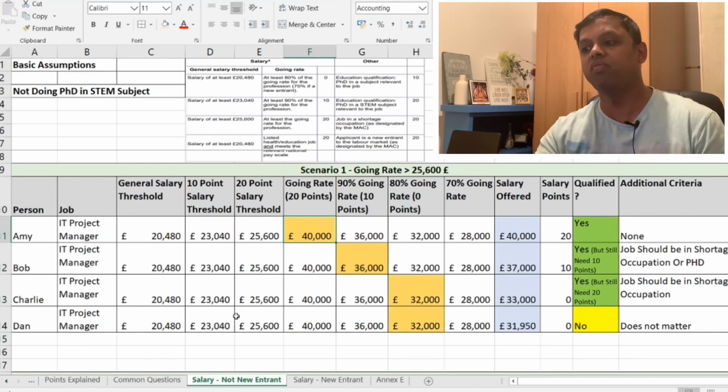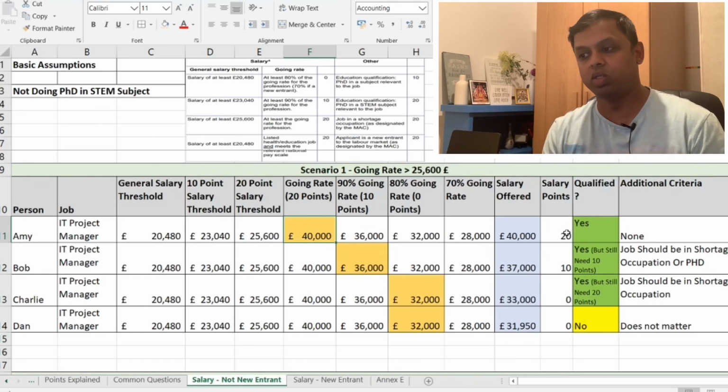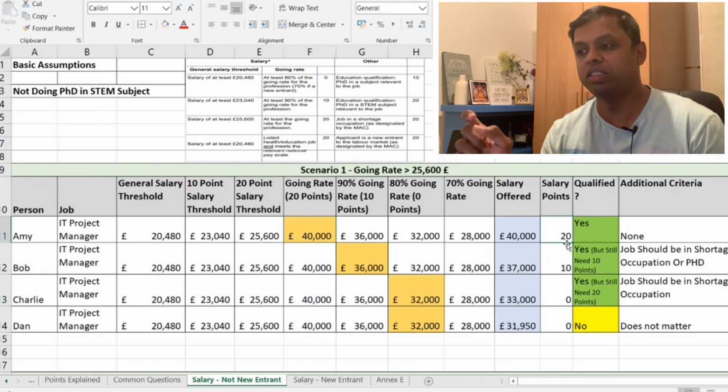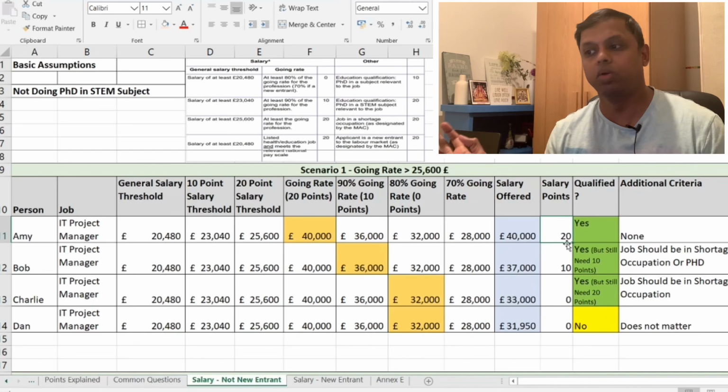This is only if your salary is higher than 33,000 pounds, which is 80% of the going rate. For an IT manager, the going rate is 40,000 and 80% of that is 32,000. If the salary offered for an IT project manager is, let's say, 31,950, nothing matters because your salary is less than 80% of the going rate, so you don't qualify at all.